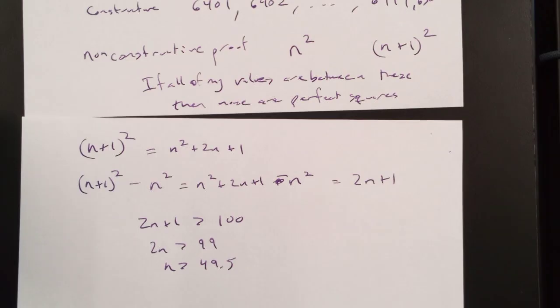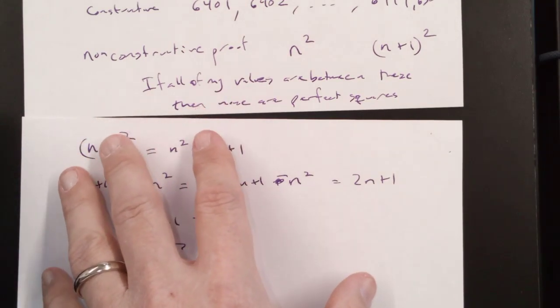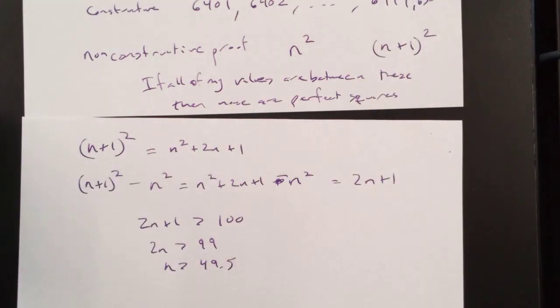By the way, 6,400 is 80 squared, so I just picked a number that I knew was bigger than 50. I did not construct the list here, did I? Yet I still showed you that such a list must exist. A non-constructive proof that still shows the existence of an item.